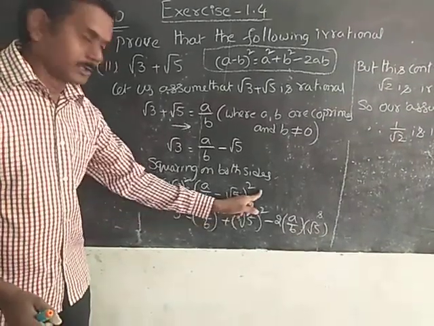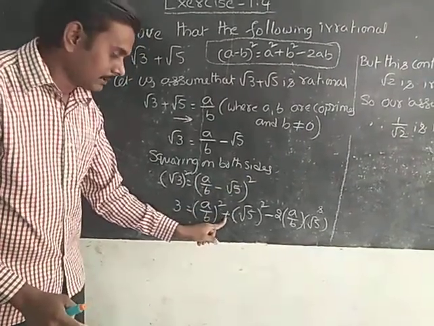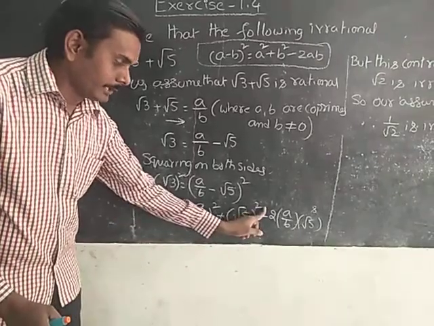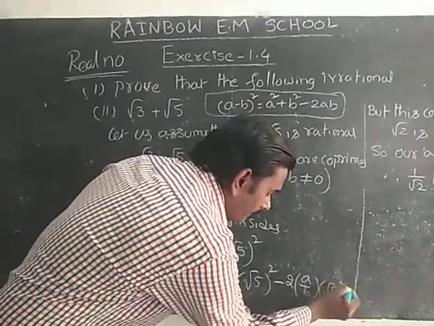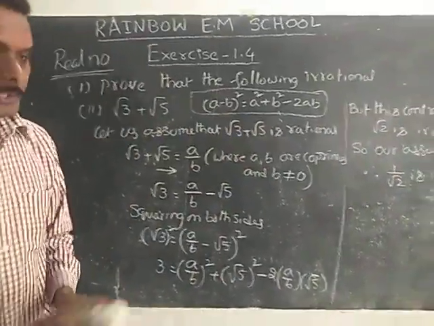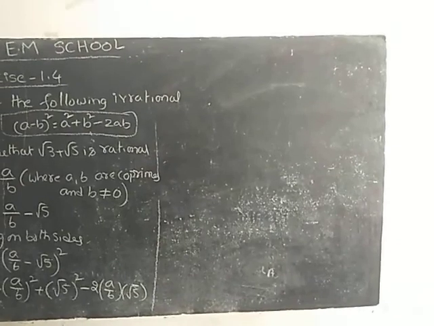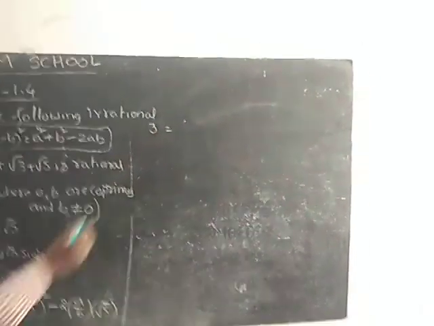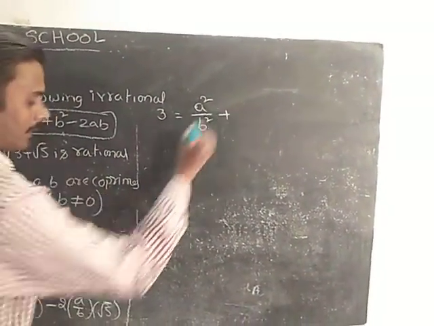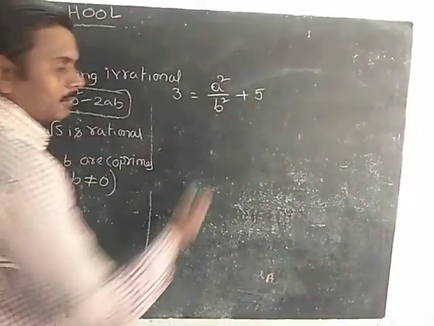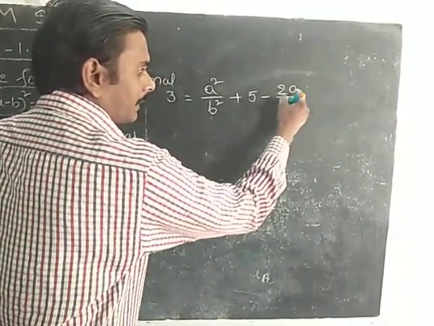Now simplify: (a by b) whole square means a square by b square, plus root 5 whole square means 5 only, minus 2a by b root 5.